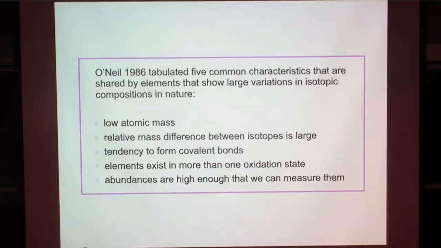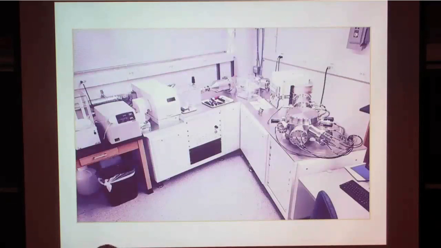Okay, so if we go back to this O'Neill 1986 paper, I want to highlight again, abundances are high enough that we can measure them, and low atomic mass. 1999 comes around, and people start getting these into their labs.